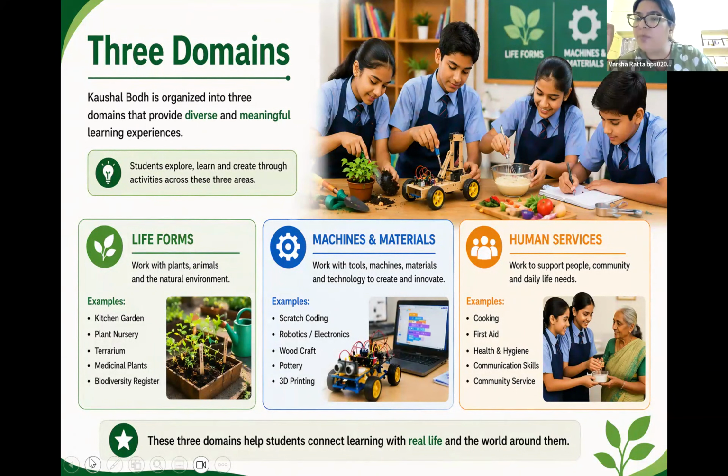Then if we talk about human service, you have to understand that work to support people and understand their daily needs is very, very important. Your community is important. How you give back to society is important, right? You're not only working for yourself, you're working for the people around you. So these 3 domains will help children to connect with real life and the life around them, है ना?